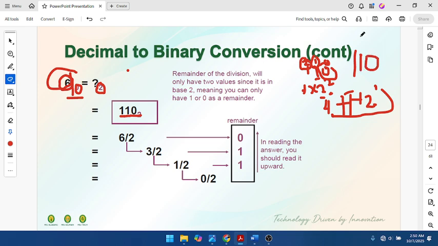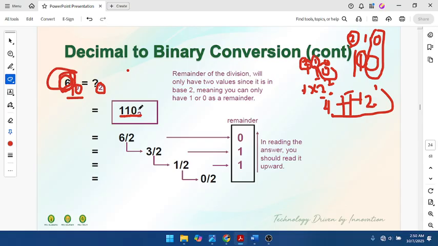Kasi nga, when we check 0, 1, 2, para hindi siya mag-match, anyway, it's 0 naman po dito, so, ignore siya. So, if we compute this, 1 times 2 power of 2 is equals to 4, and 1 times 2 power of 1 is equals to 2. So, if we add this, it can give us 6. So, meaning, our value now to binaries is 110.